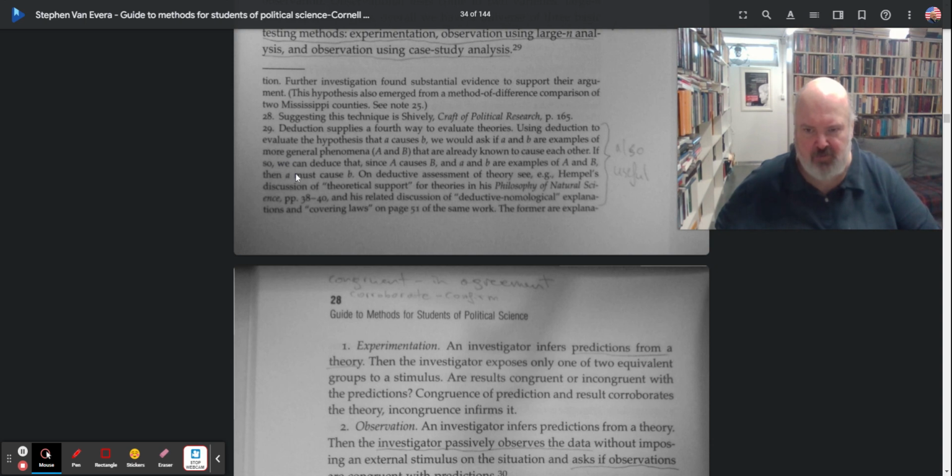If so, we can deduce that since A causes B, and A and B are examples of A and B, A must cause B. On deductive assessment of theory, see Hempel's discussion of theoretical support for theories in his book Philosophy of Natural Science, and his related discussions of deductive nomological explanations and covering laws on page 51 of the same work.